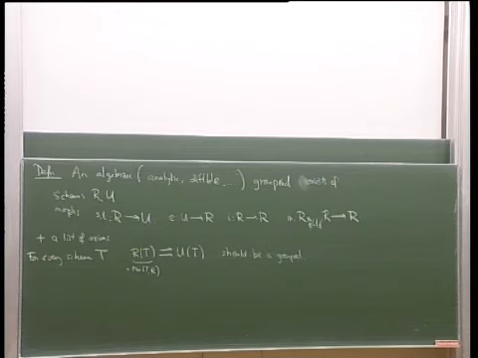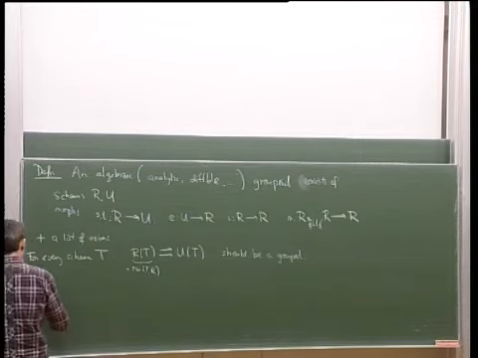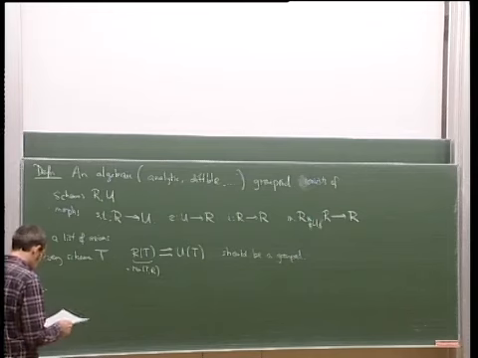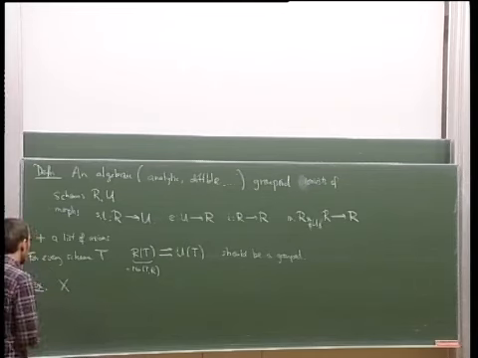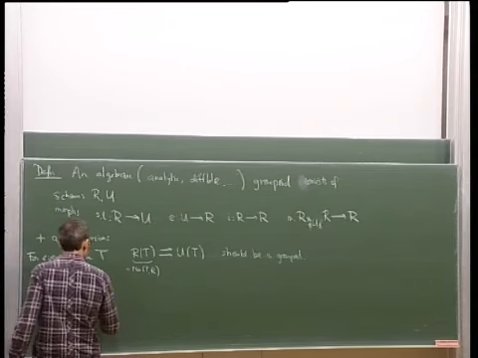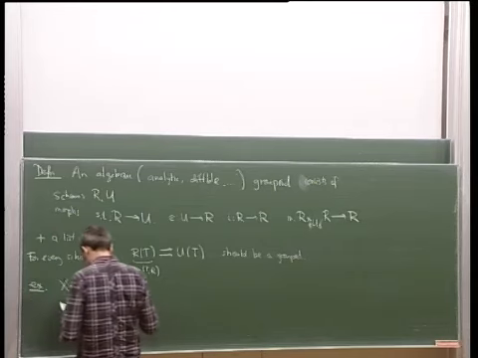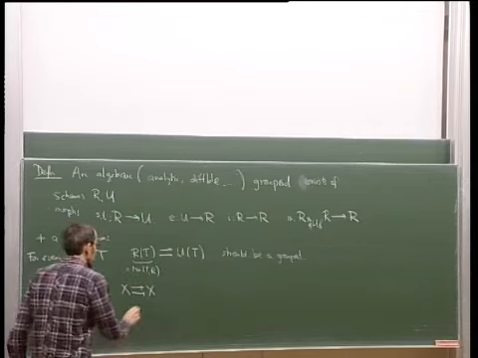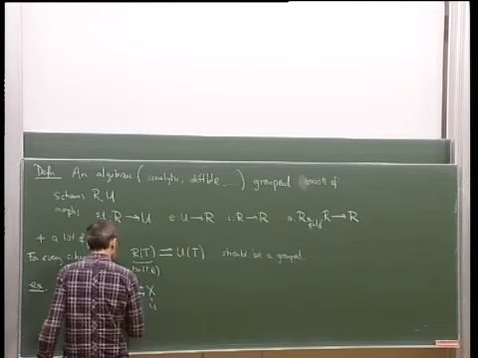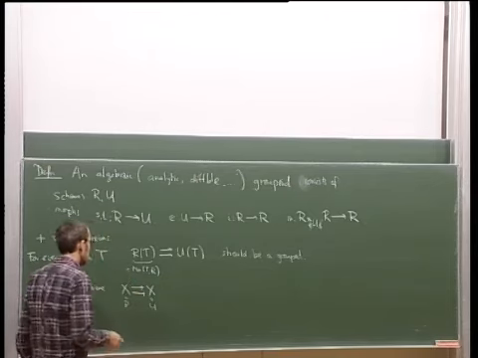Okay, so now examples of this concept here. So the stupidest example is if X is a scheme, and I take U equal to X and R equal to X, and all the maps are the identities.